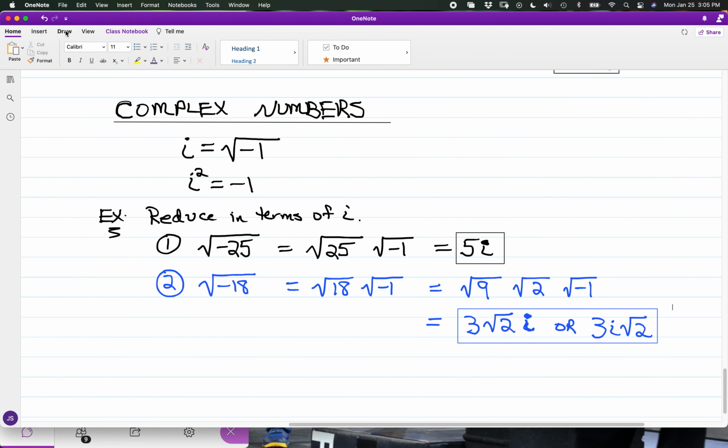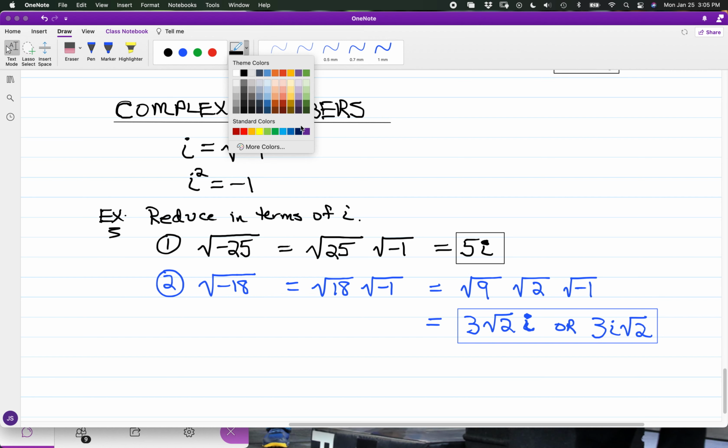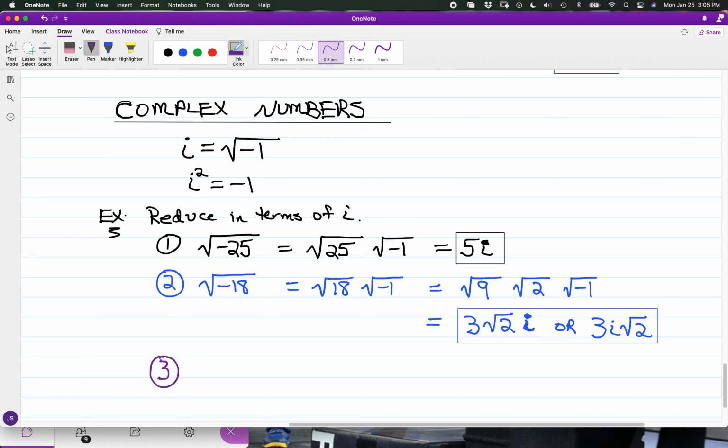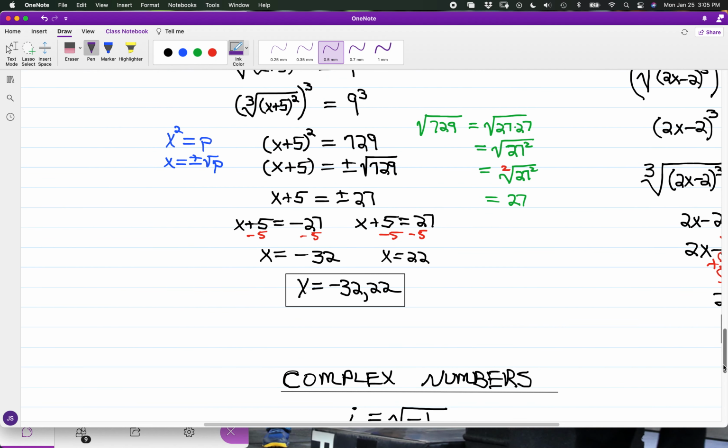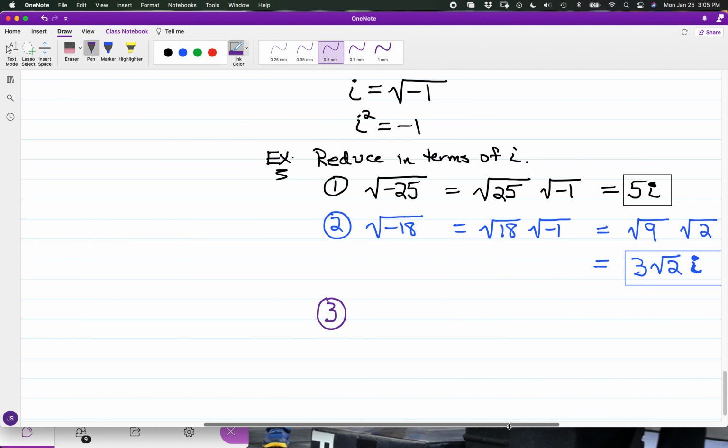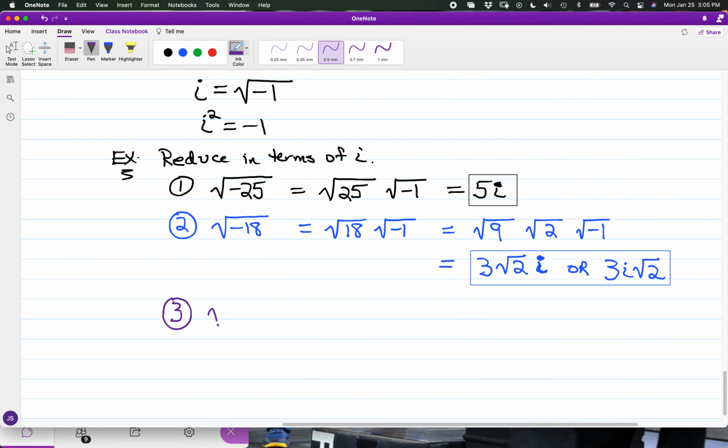And let's say also in terms of the letter i, I have the square root of -500. So I have the square root of 500 times the square root of -1.